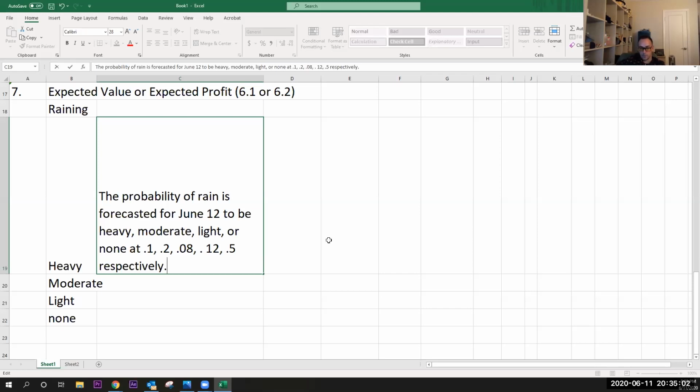See what I'm saying? 1, 2, 3, 4, 5. Oops, do I have one extra probability? That sucks. So I'll just make this 0.28.